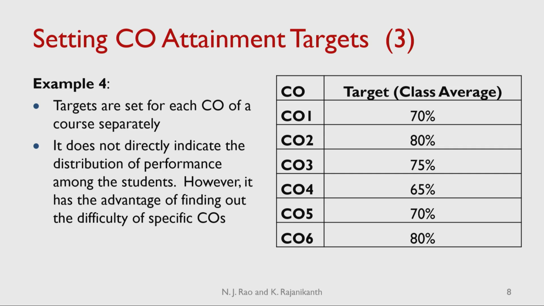If the attainment of a particular CO is substantially lower than the target, this could indicate that the students are having learning difficulties with respect to that specific CO, which means that the instructor has to pay special attention to increasing the attainment of the CO in the next offering of this course, and the student difficulties have to be overcome by specific plans.